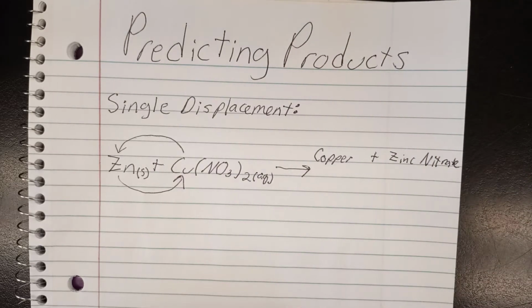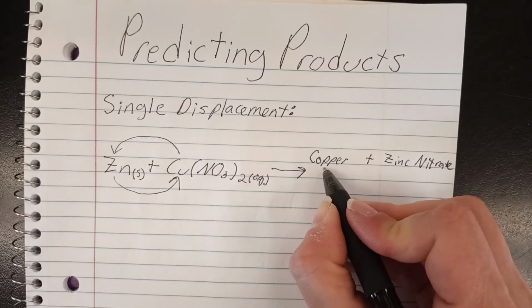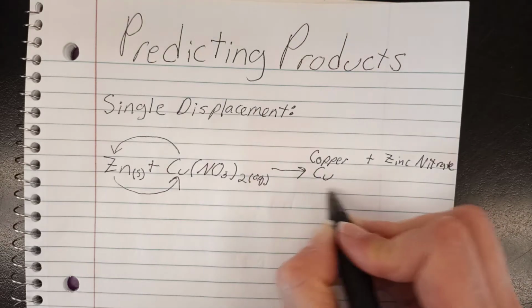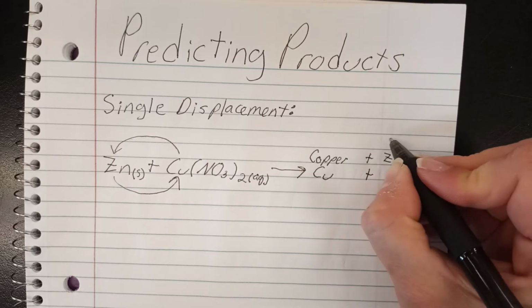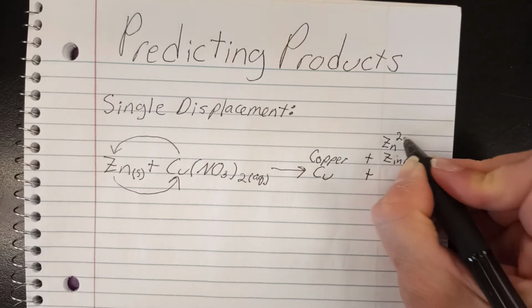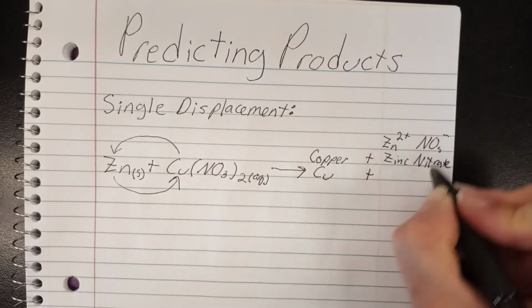Now what I do need to pay attention to still is some of these formulas. Copper is very simple. Copper is a metal, just a monatomic substance. We simply write the symbol. But our zinc nitrate, we do need to pay attention to. We know that zinc is a Zn2+, and nitrate is an NO3-.